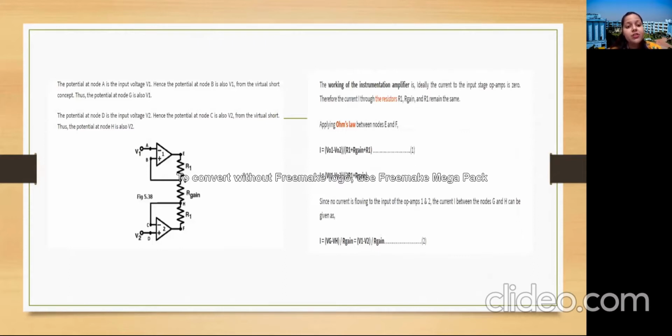So we have just taken the part of op-amp 1 and the part of op-amp 2, and then by applying those 2 outputs to a differential amplifier, we have designed the ultimate output of the instrumentation amplifier.